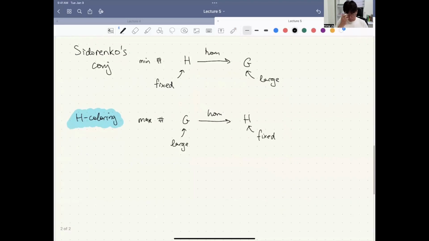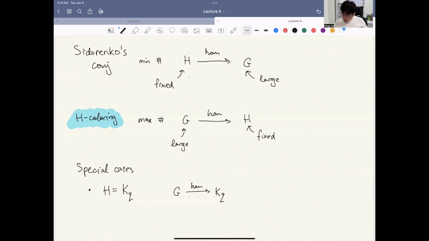So one special case, let's look at special cases. One is, let's consider H to be the simplest graph we can think of, a clique. Let's think of H as a fixed size clique, say K_q on q vertices. Then for a graph G, having a homomorphism to K_q means, remember, homomorphisms preserve the adjacencies of vertices.